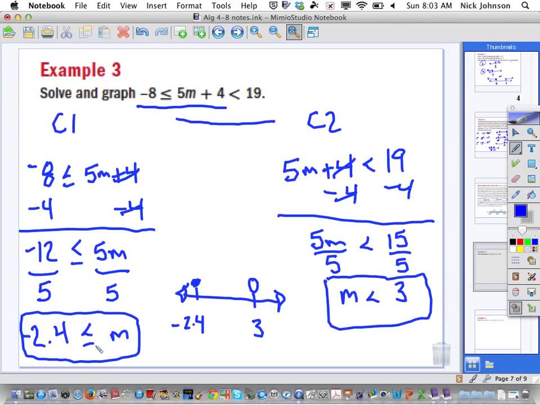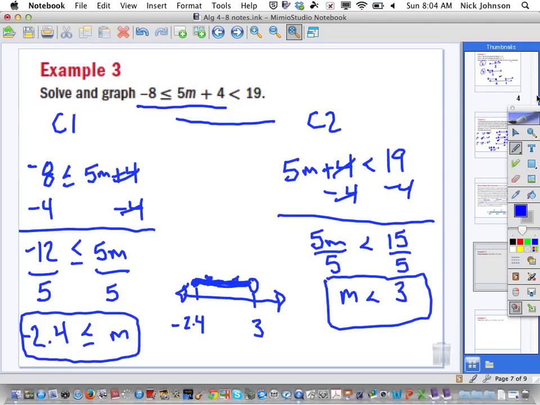So it says m is greater than or equal to negative 2.4, so we know we're going to the right. This says m is less than 3, so we know we are going to the left. Which means, if you notice, this has to be greater than, this has to be less than, therefore the inequality is just these two things merged together.